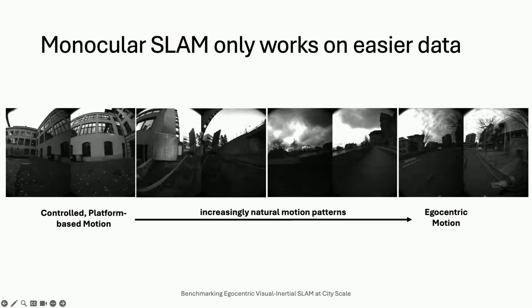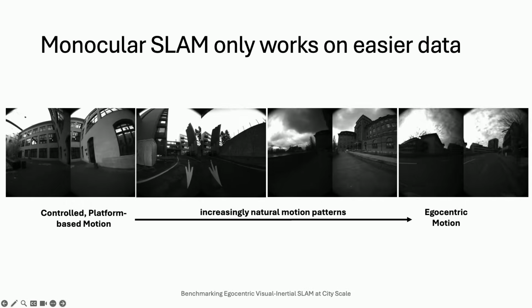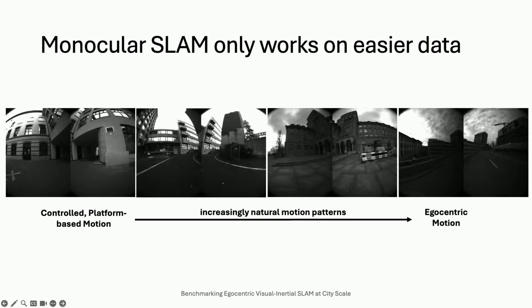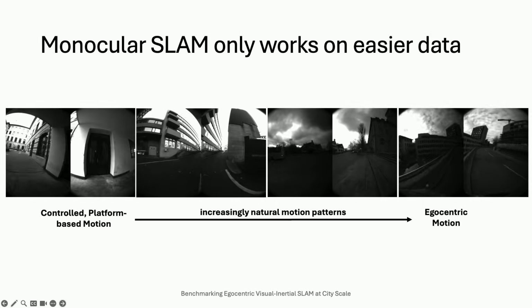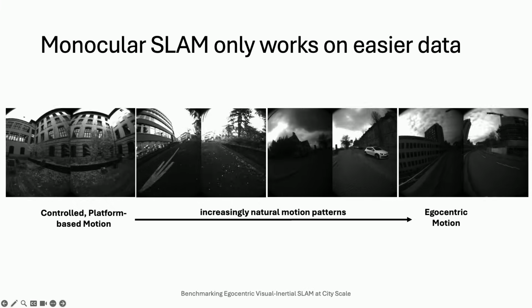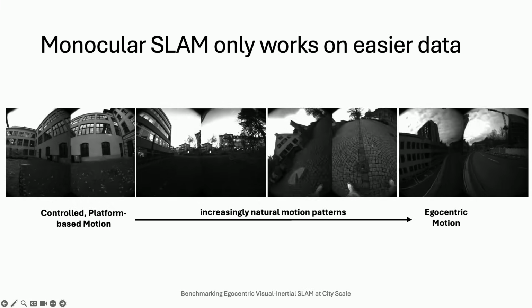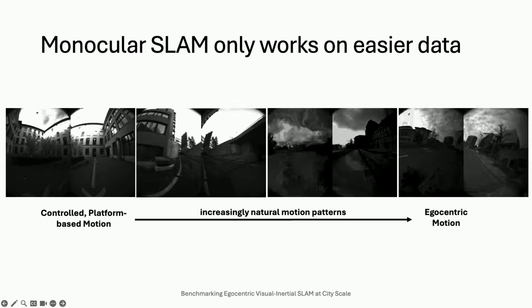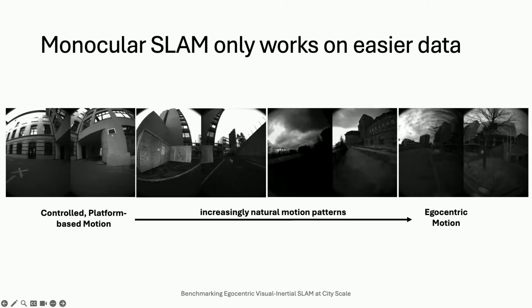So we also collected controlled experimental sets where the motion gradually goes from the platform-based motion to the egocentric motion. The controlled platform-based motion is basically similar to the motion exhibited in the Zurich IMUs dataset and the TUM Visual-Inertial dataset.